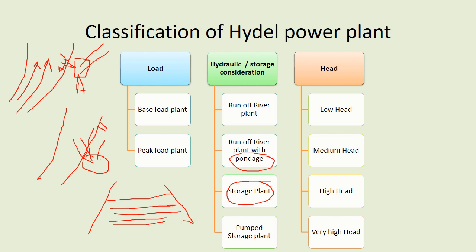This plant is dangerous. Why? When the rainy season comes, the water level in the dam increases. So they have gates. There is a gate that stops the water and stores it behind the walls.